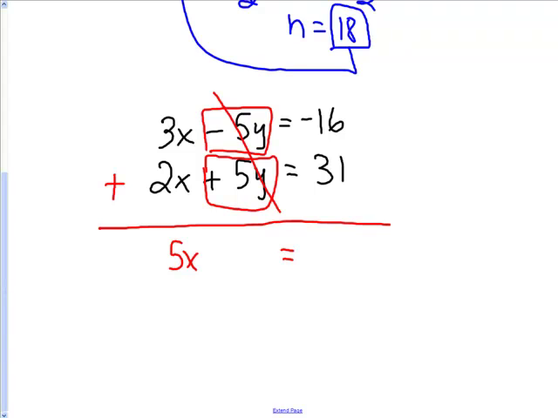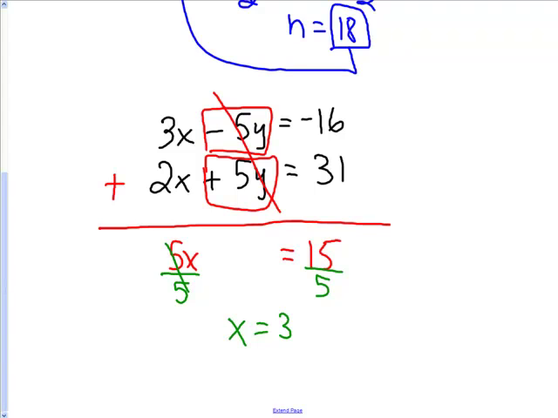And on the right-hand side, we get negative 16 plus 31. Remember, the signs are different, so we're going to subtract and keep the sign of the larger number. So we get 15. 31 minus 16 is 15. And then our next step is to divide both sides by 5. 5's cancel, and we get x equals 3.